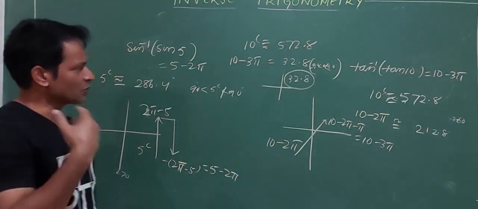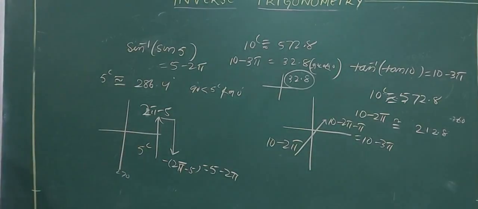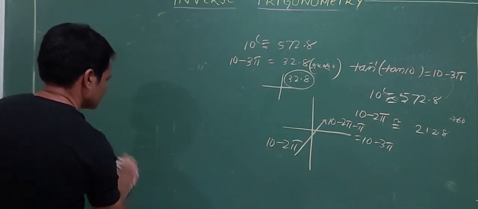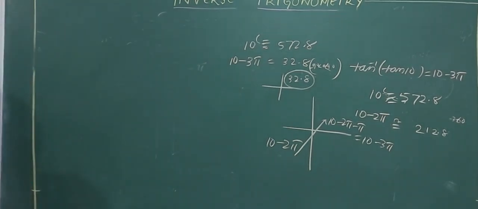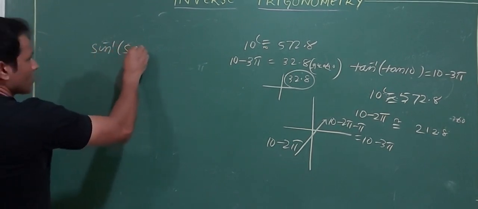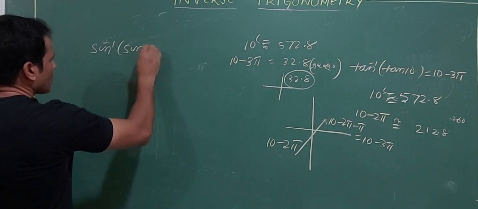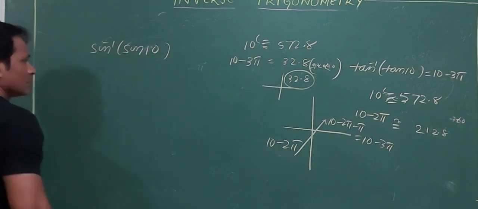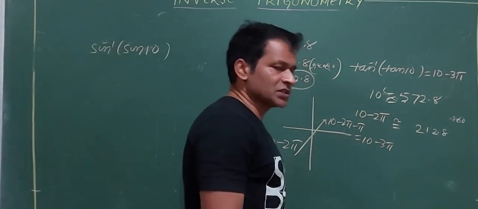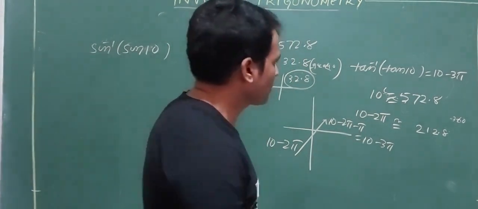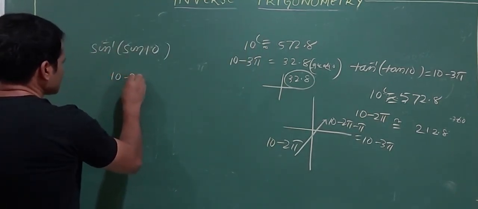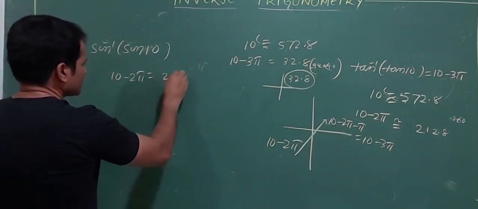Alright, suppose the same question goes to sine. I will write down the same concept, because sine goes with multiples of 2 pi, not 180. 10 minus 2 pi is equal to 212.8.